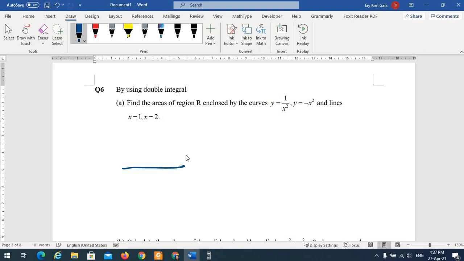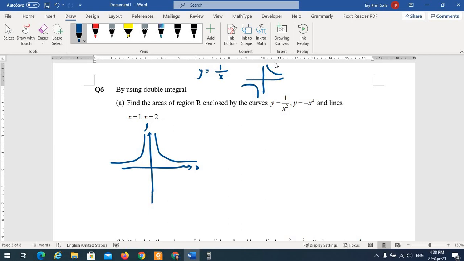Because for y equal 1 over x, the graph is like this: when x is positive, y is positive, when x is negative, y is negative. But it never touches y equal 0.